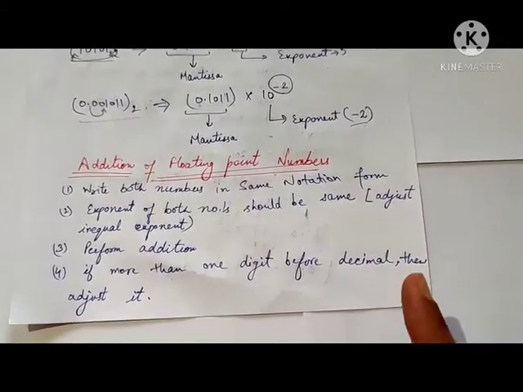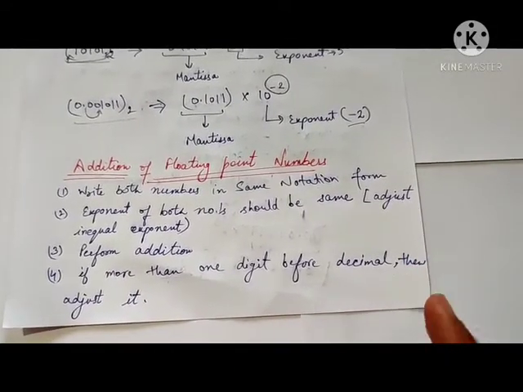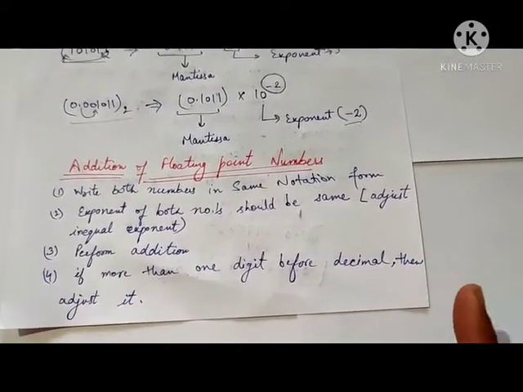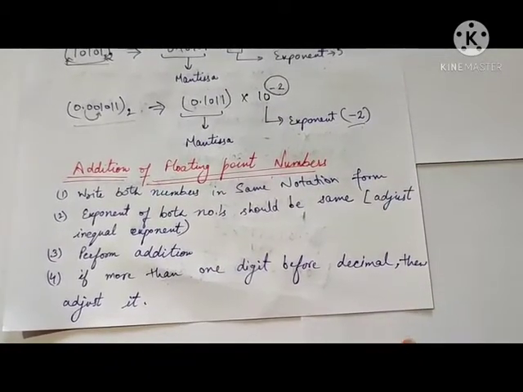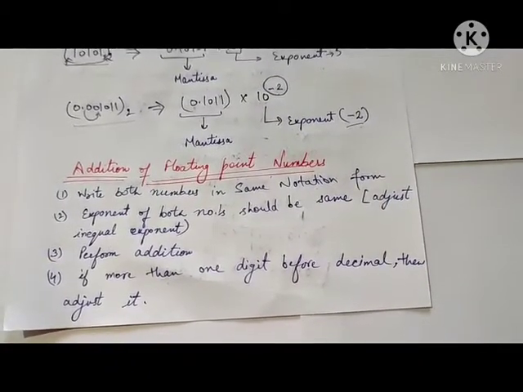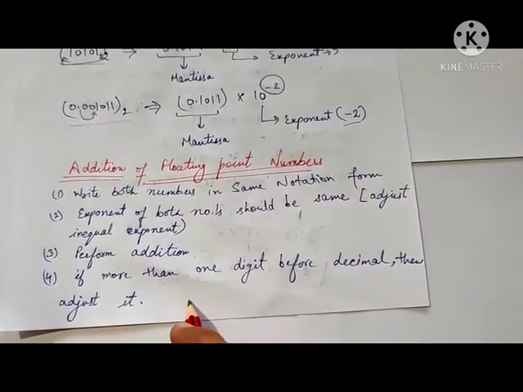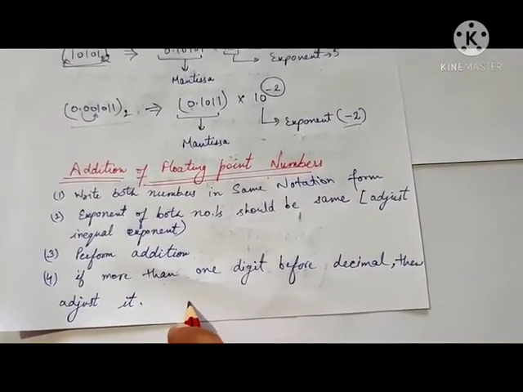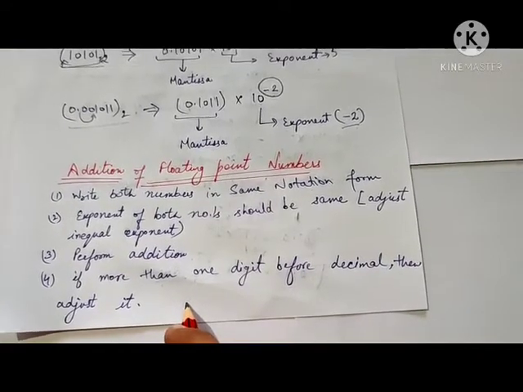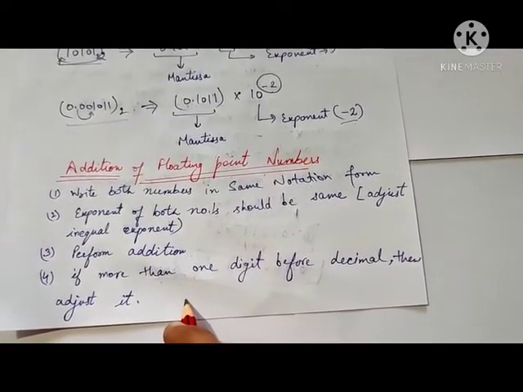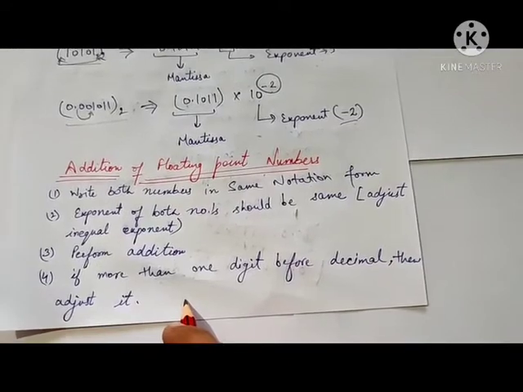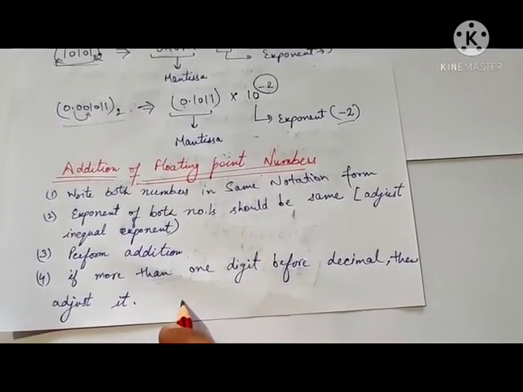Third step, perform the addition. Fourth step, if there is more than one digit before the decimal point, we have to adjust those digits. Make sure there is only one digit before the decimal point.